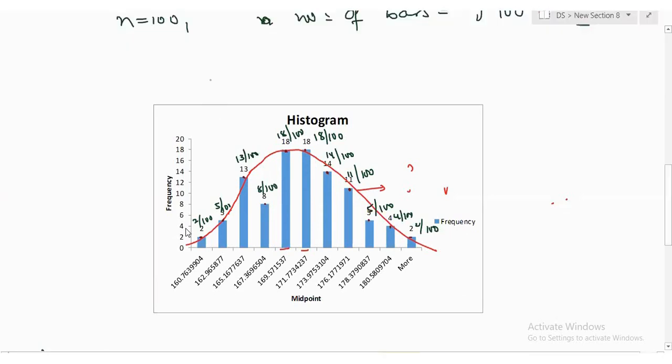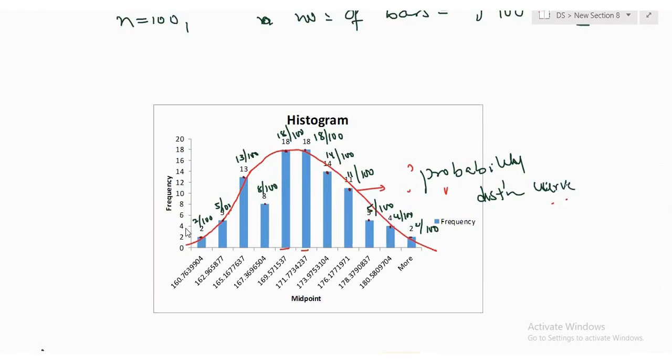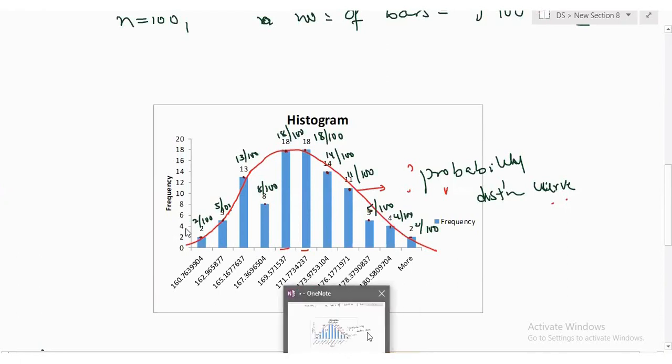This curve is called the probability distribution curve. Very, very important. Very powerful. Let us do some practice. Draw the probability curve.